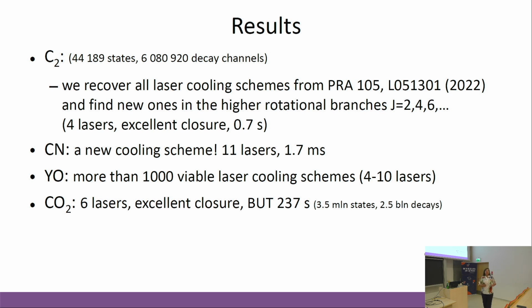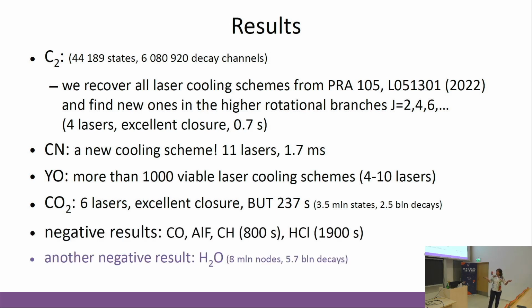There is a laser cooling scheme that is viable by our definition, but maybe not by the definition of modern setups, because it takes 6 minutes to cool down. However, it is doable in theory. So this shows you the power of the method. This didn't take long, and we already produced multiple new laser cooling schemes.